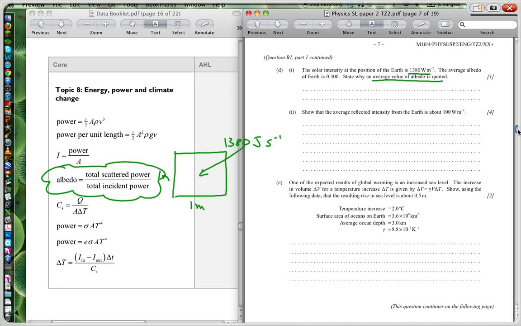Now we know that on the Earth you've got different surfaces, with different absorption and reflective values, and so obviously you're going to need to get an average value. Now it says show that the average reflected intensity from the Earth is about 100 watts per meter squared.